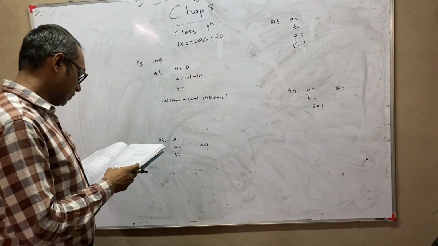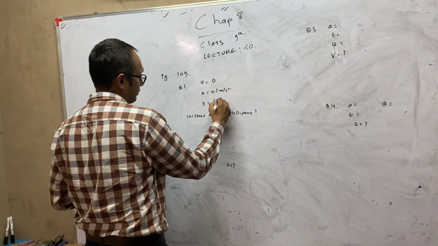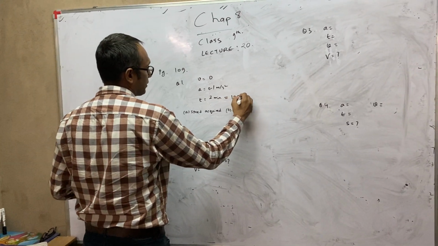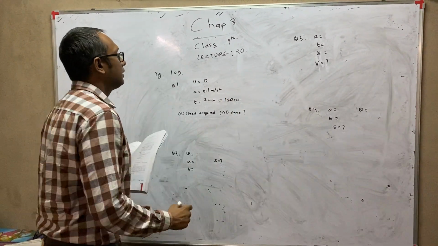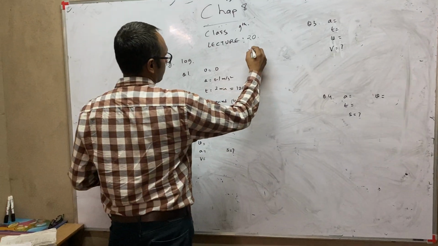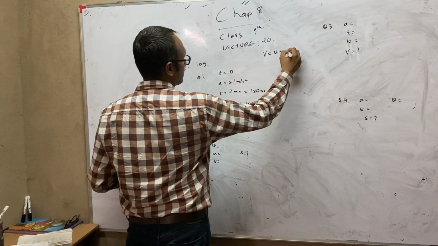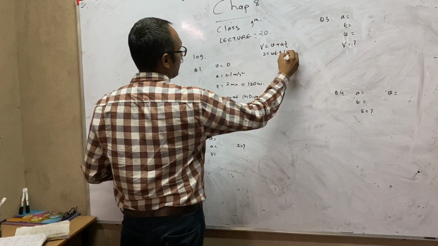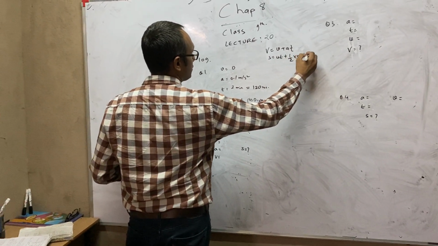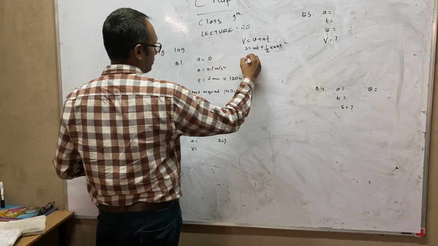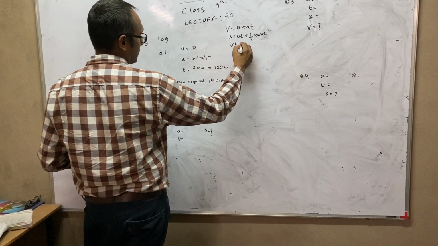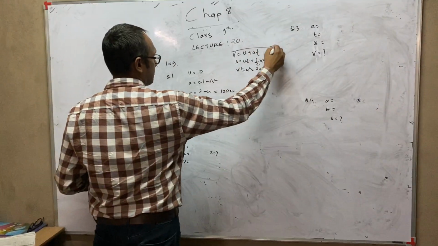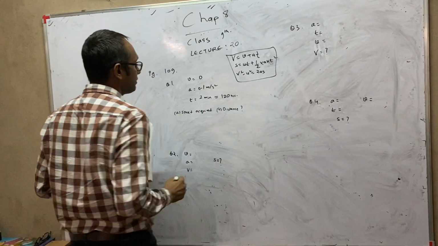And time they have given 2 minutes, and obviously 2 minutes you will convert into seconds, so it will be 120 seconds. And of course, as you know, the formulas which we are using: v is equal to u plus at, s is equal to ut plus half into a into t square, and v square minus u square is equal to 2as. All of these formulas, depending upon what is convenient to us, we will use.